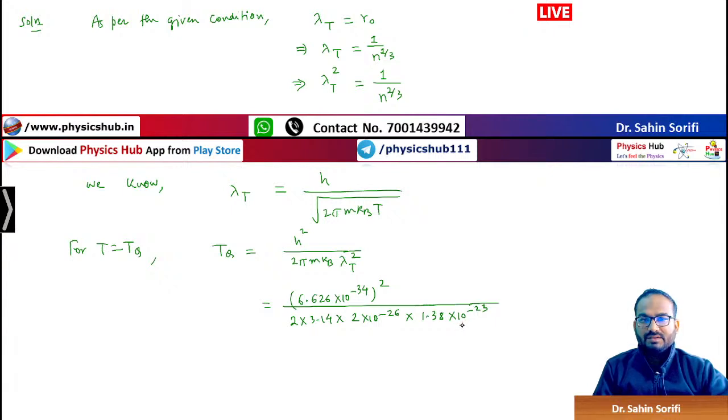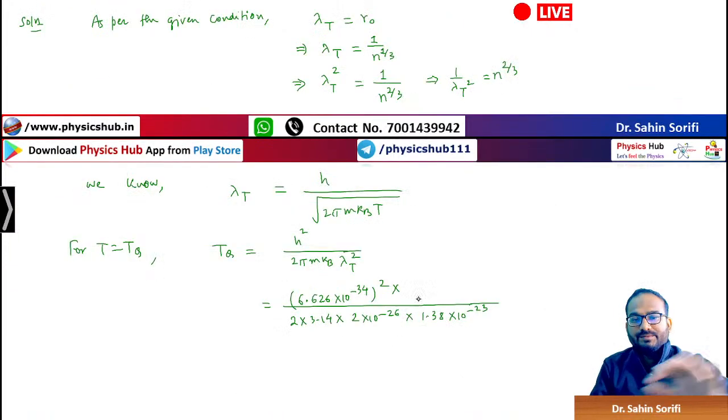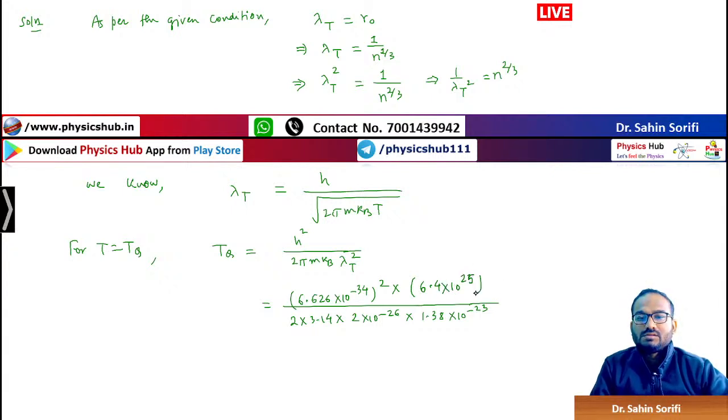Then 1 over lambda_T squared equals n to the power 2 by 3. This density n is also given to you, 6.4 times 10 to the power 25, to the power 2 by 3.